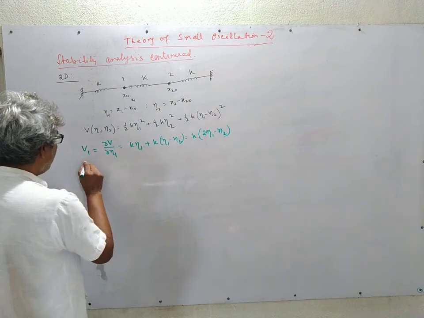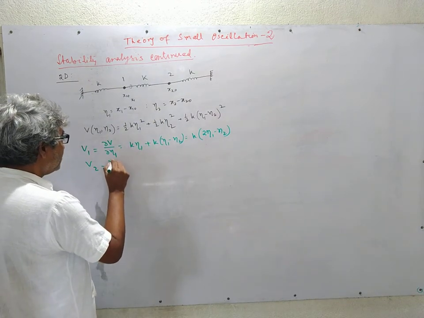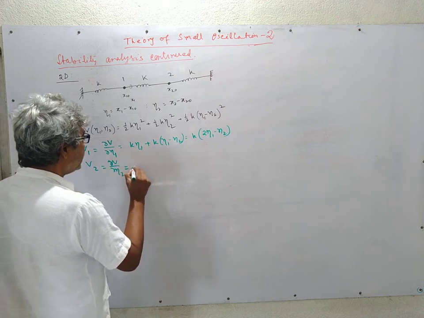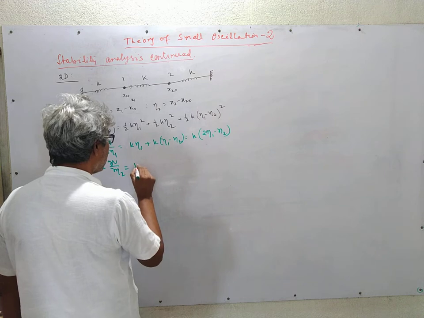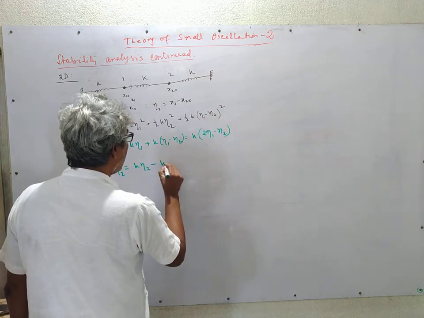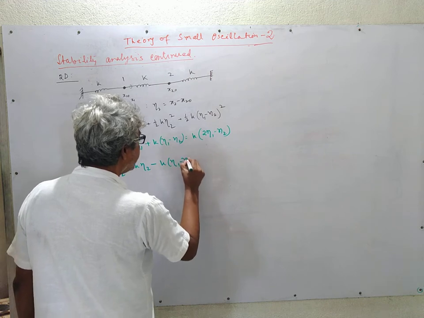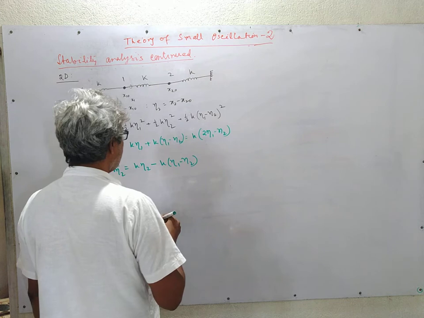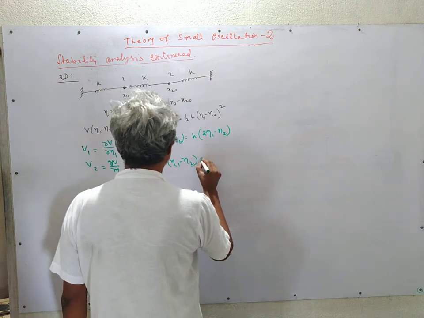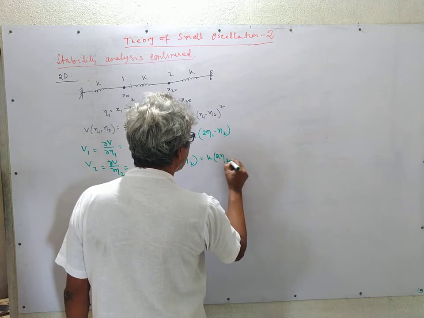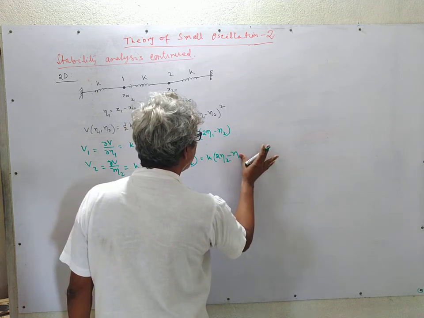And V2 is del V del eta 2, which from this is K eta 2, and from this it is K (eta 1 minus eta 2) with a minus sign, so that this is again K times (2 eta 2 minus eta 1).